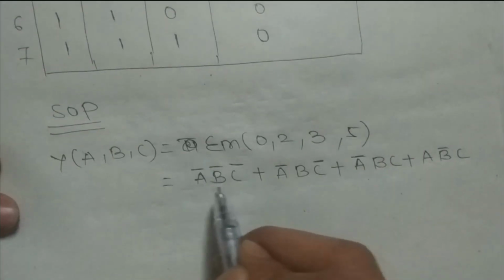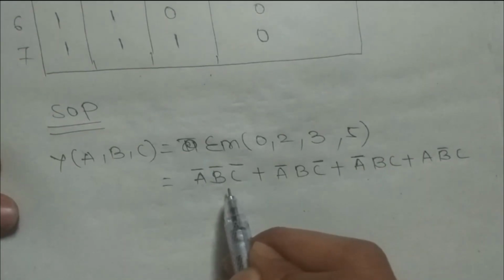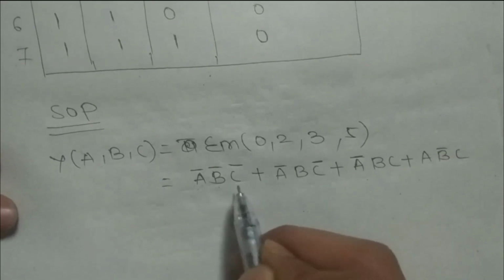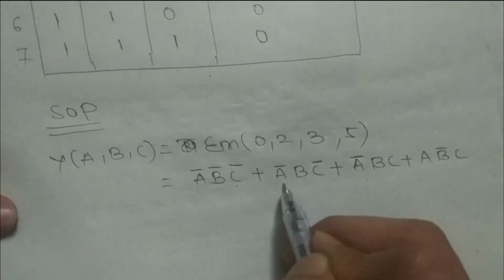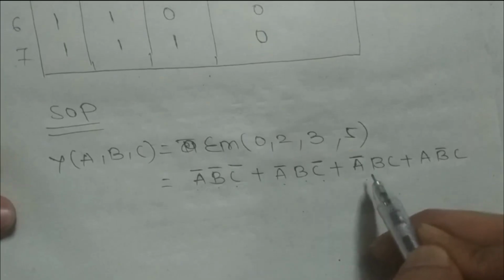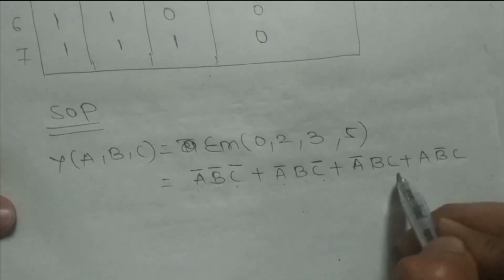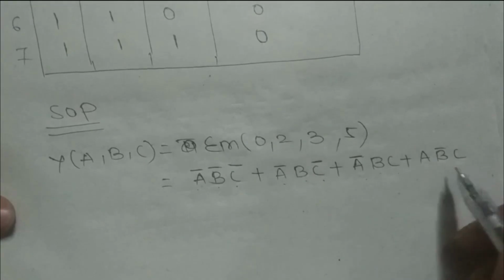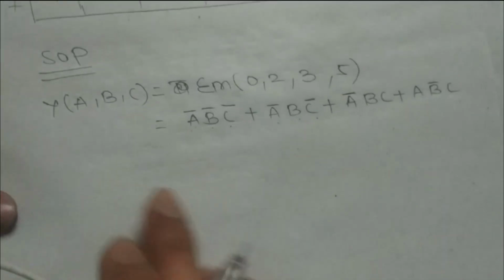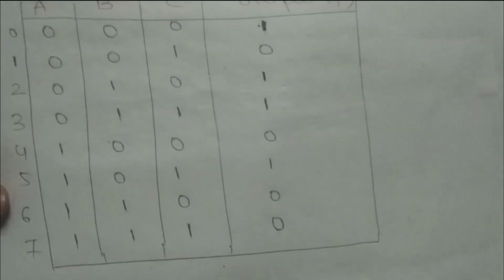If you convert this into binary, it is 000, that means 0; 010, that means 2; 011, which is 3; and 101, that is 5. This is how the whole truth table is written in terms of SOP.